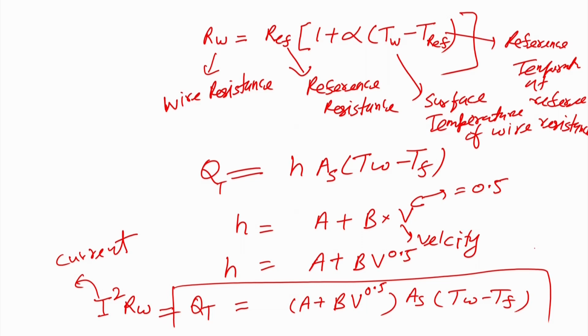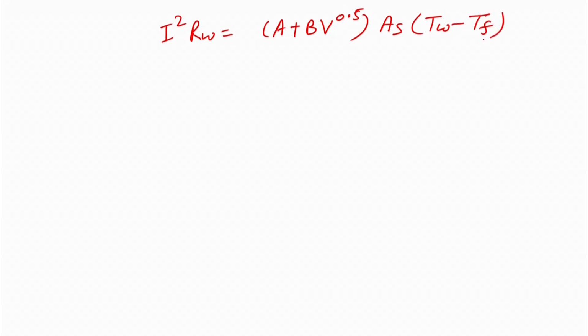So, electrical power input to the wire will be equal to the convective losses based on this temperature. You can write I square RW will be equal to H A TW minus TF, where H I have converted in terms of King's law. So, I square RW will be equal to A plus B V raised to the power 0.5 into AS into TW minus T of fluid. That is the way we can write.